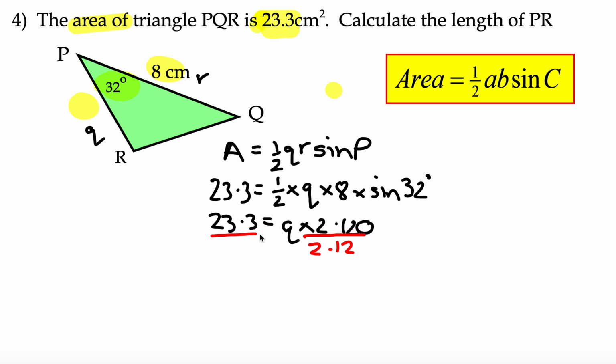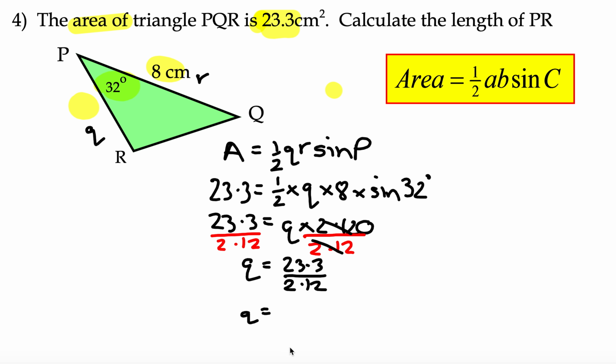So we divide that side by 2.12, which means that when we're actually working out the value of Q itself, these cancel out, and we're left with 23.3 divided by 2.12, which if you take your calculator again and work out 23.3 divided by 2.12, works out 10.99.